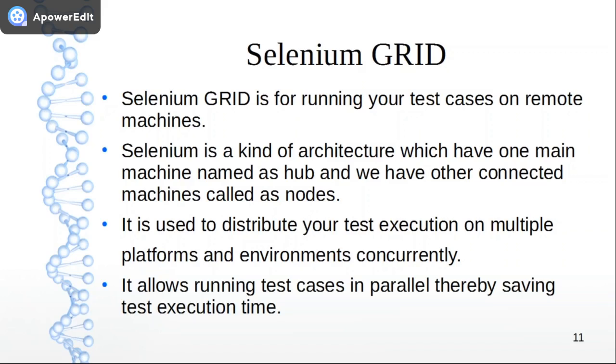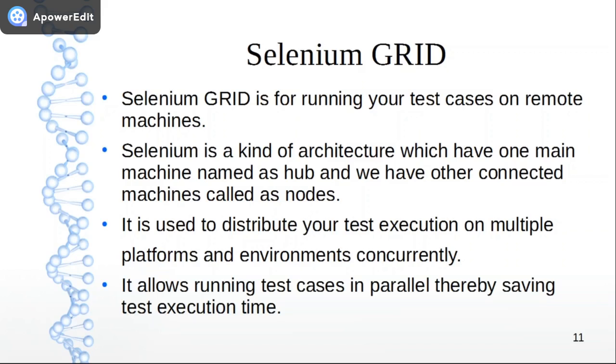You can distribute all those test cases over different machines so that it will take less time for the execution, and you can cover different operating systems and different browsers as per your testing scope. So Selenium Grid is a kind of architecture which has one main machine named hub, and other connected machines called nodes.